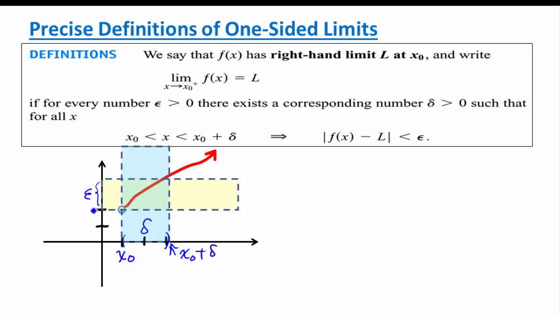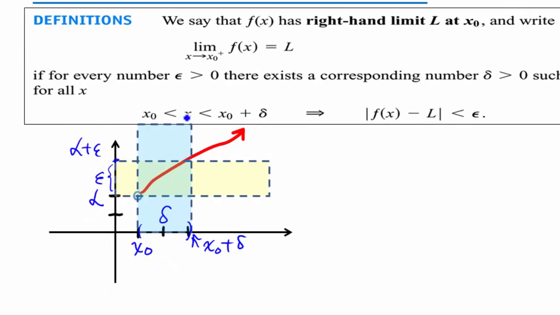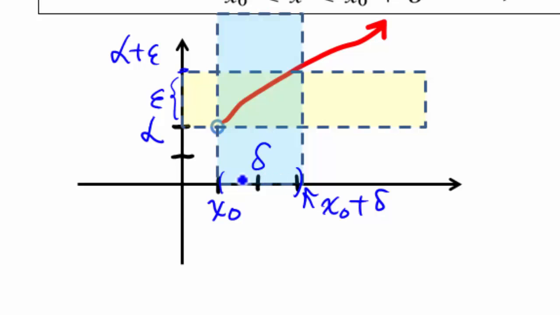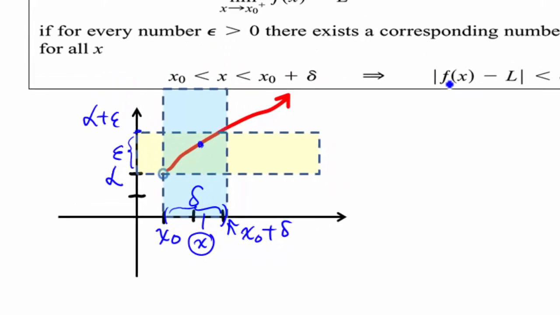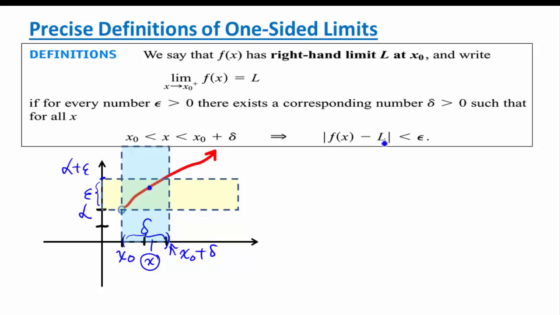And in the same way, if this limit is L, then that other part of the interval is L plus epsilon. So this open interval is equivalent to this one. So if I pick out an x here, then the corresponding f of x will be within this distance right there. Okay?